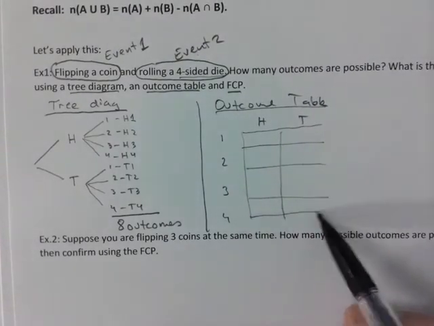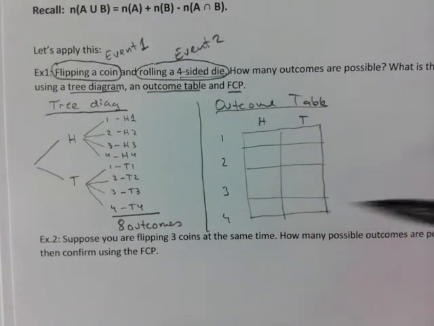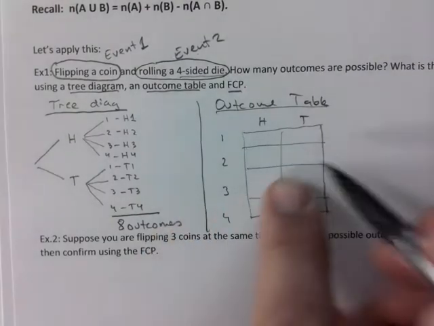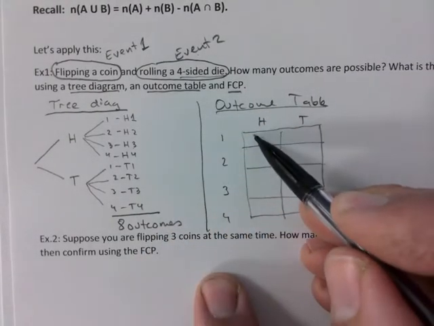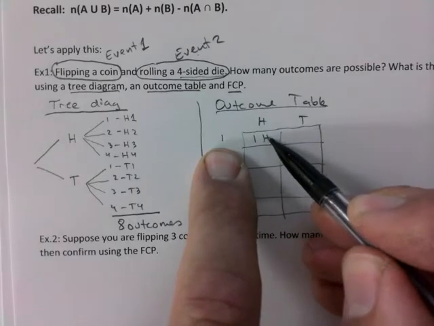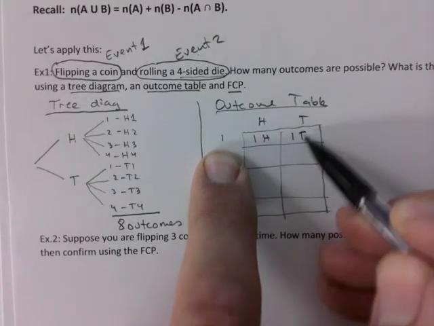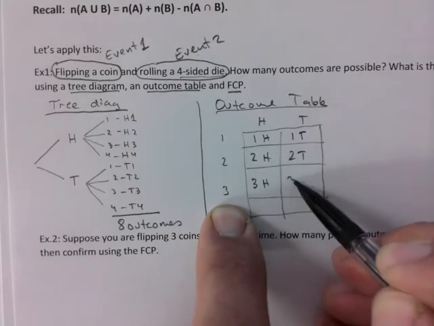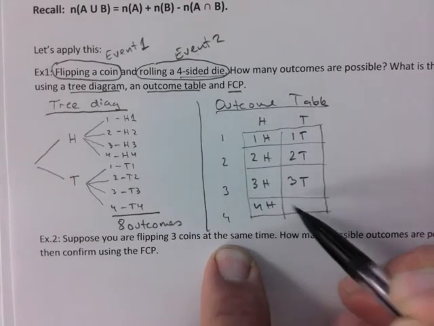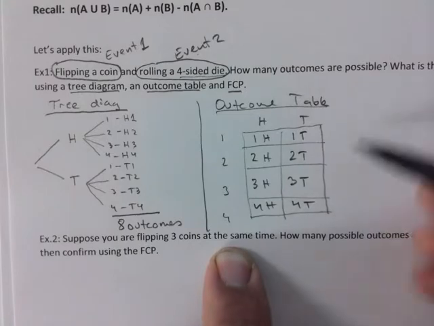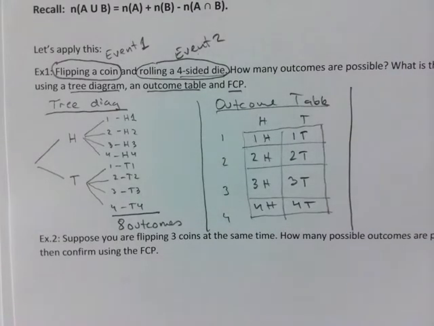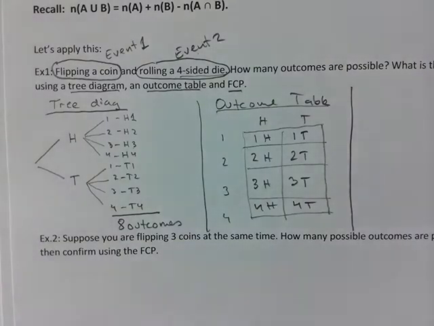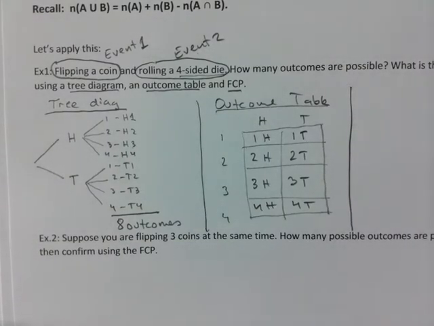Doesn't have to be pretty. But in that table you write down 1 heads, 1 tails, 2 heads, 2 tails, 3 heads, 3 tails, and you get the picture. So that's your outcome table. Again, you could have done 1, 2, 3, 4 along the top, heads, tails along the bottom. It doesn't matter. You get the same results.